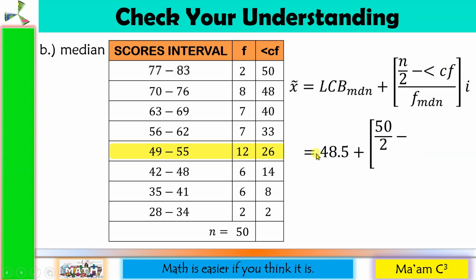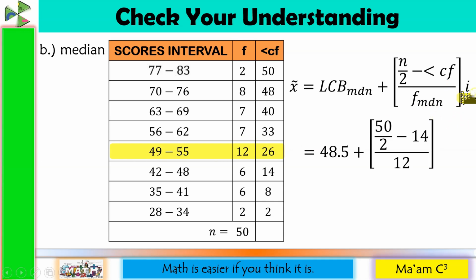This is the frequency of the next lower class from the median class. The next lower class to 49 to 55 is 42 to 48. So we are going to consider this frequency. Then divided by the frequency of the median class. The frequency of the median class is 12.